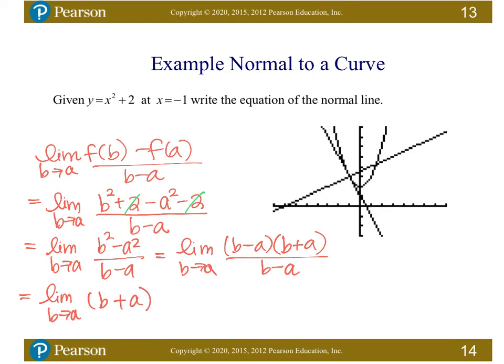And since b is approaching a, we'll have a plus a. So 2a is the value of Leibniz's definition, and at the point -1, that would still have a slope of -2. All right, does that help you remember that? But it's always going to be factoring. You factor out a b minus a.